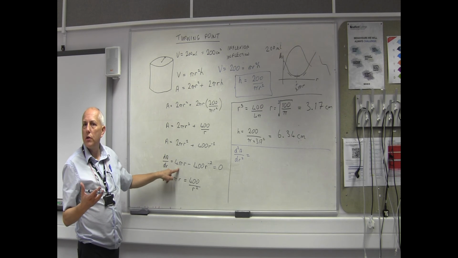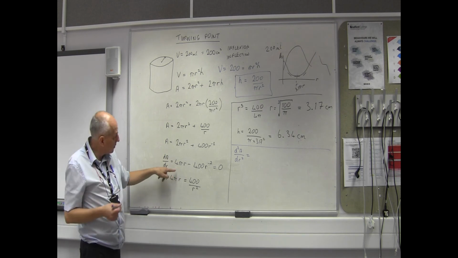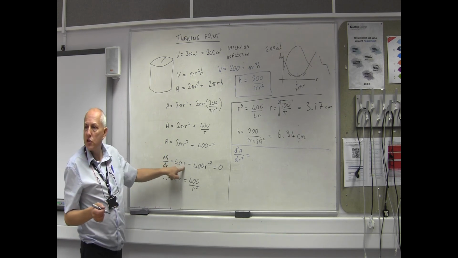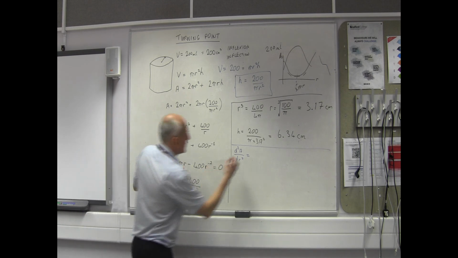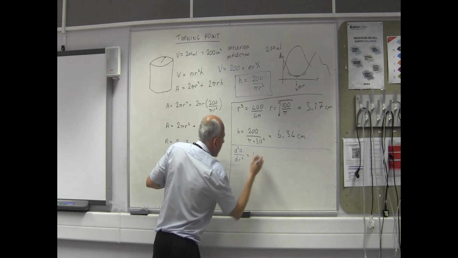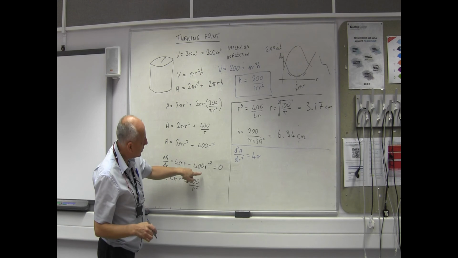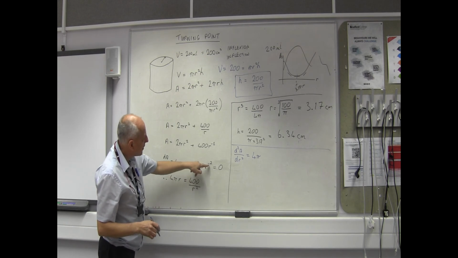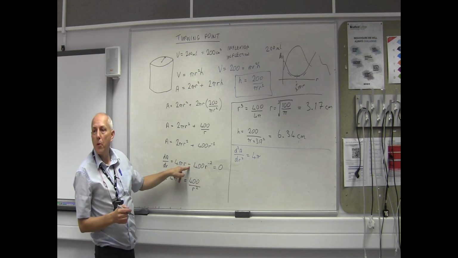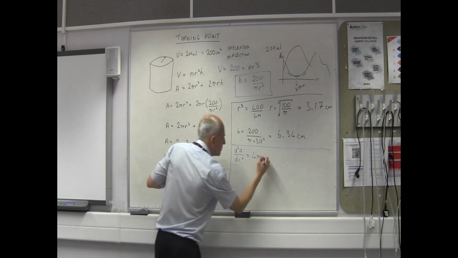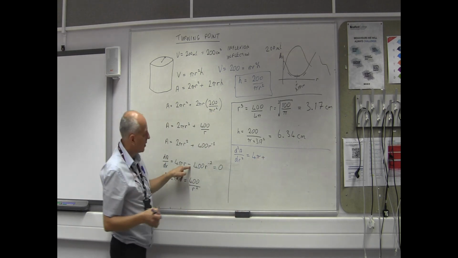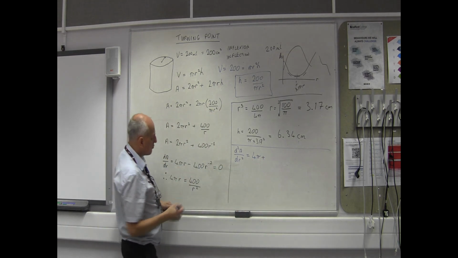It's nothing special, all you do is differentiate it. So what's 4 pi r differentiated? 4 pi. So the r's gone this time. And this one, where we've got this negative multiplying this, is going to be positive, which is relevant. So plus 800 r, so it's 800.